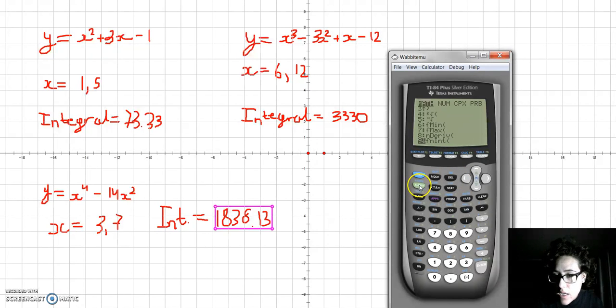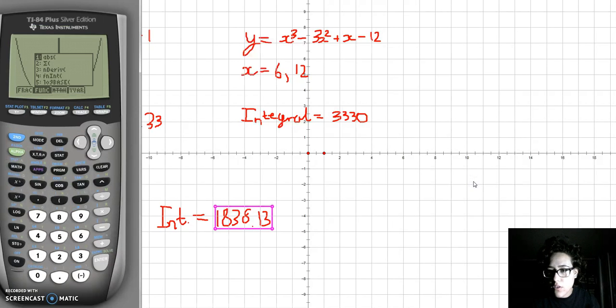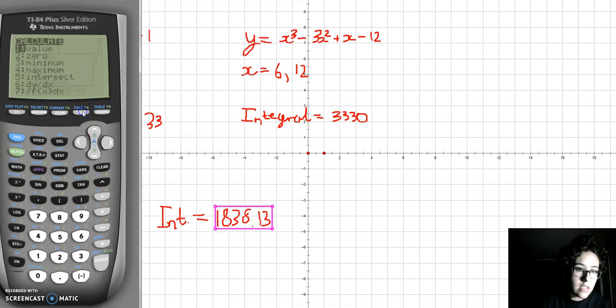Our second being alpha window, and going down to FNINT. And then our third one being just going to our graph and having our graph calculate it all for us using second calc and going down to number 7.